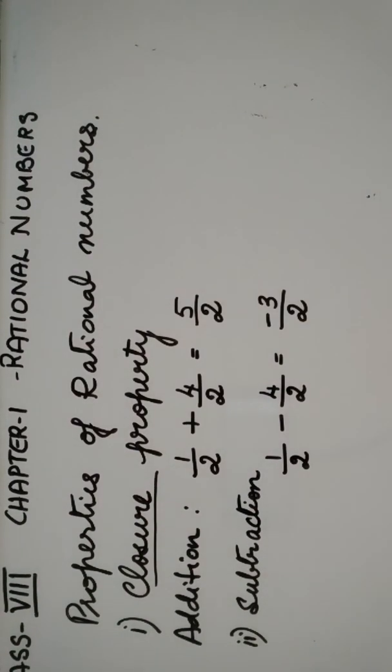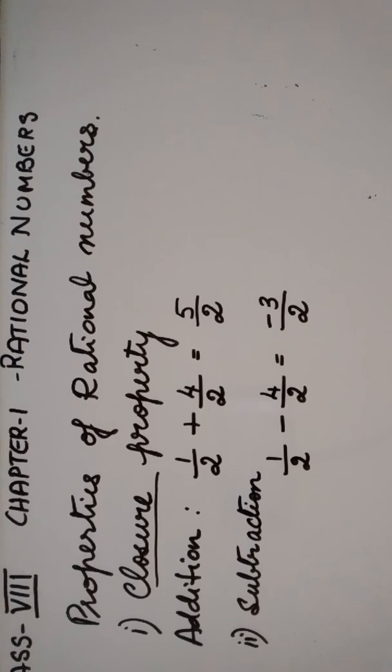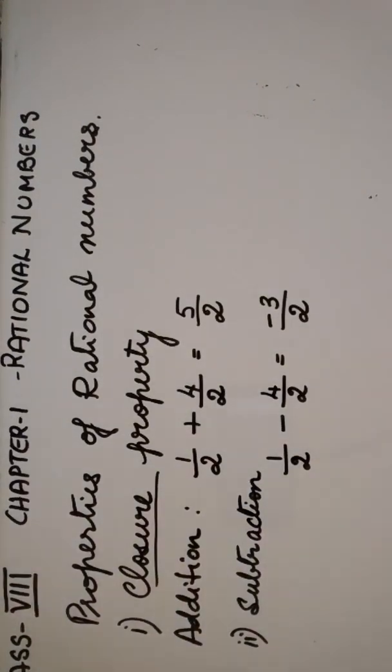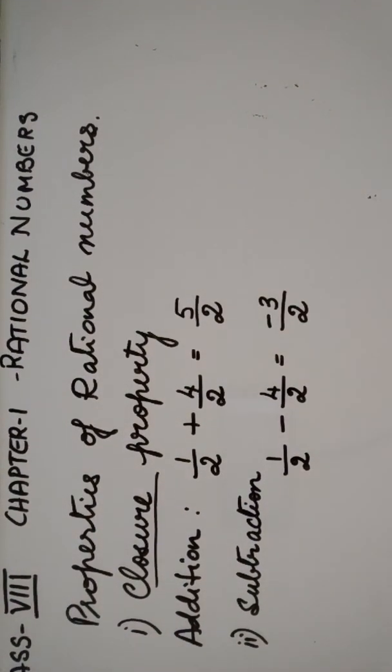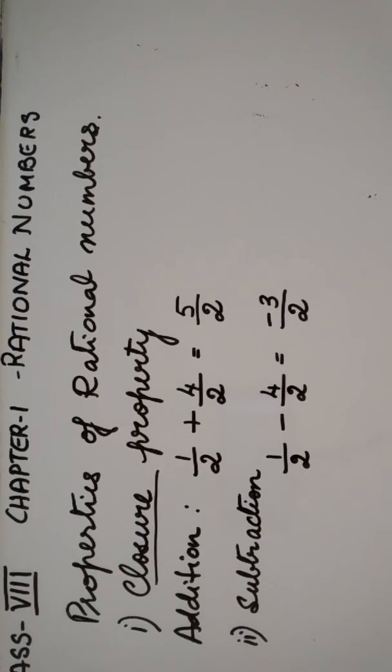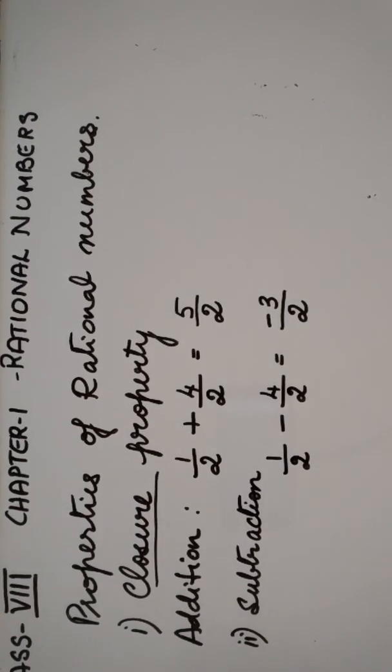I told you the rational numbers include the integers as well as fractions, isn't it? When I said integers, I told you it includes both the positive integers and the negative integers, isn't it?